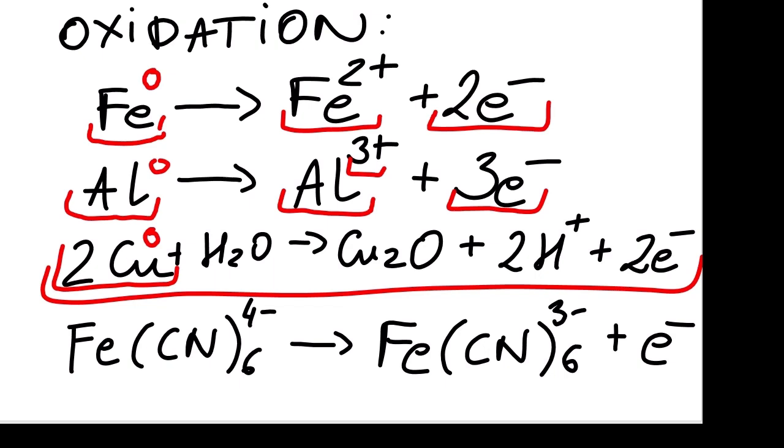On the right side of the arrow, so in the side describing the products, we have a compound containing copper. It is a copper oxide. This oxide contains 2 atoms of copper. Every single copper atom in this compound has oxidation state +1.